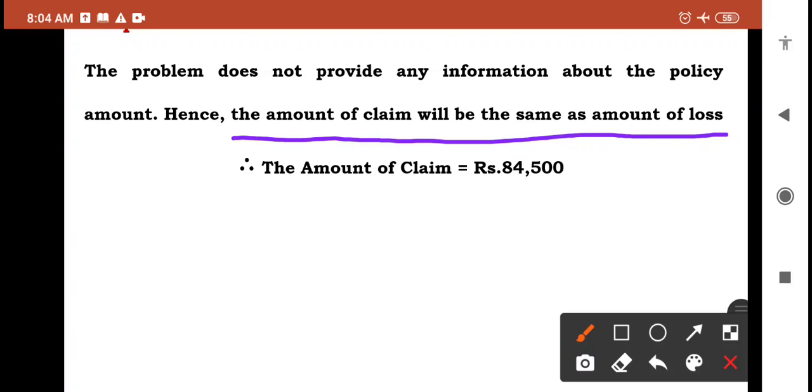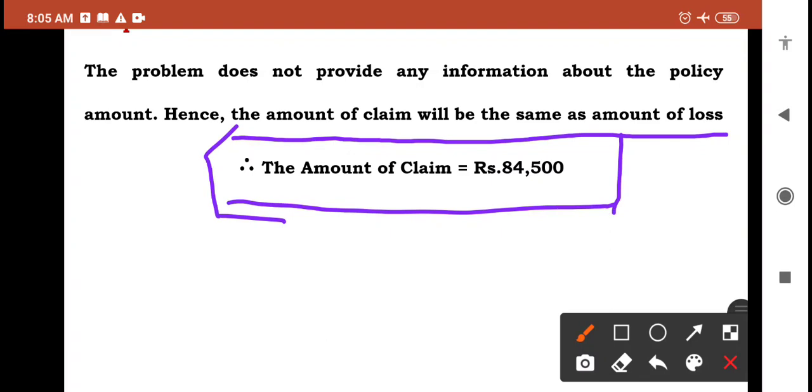In case of over insurance, actual loss of stock will be the claim amount. So therefore the amount of claim will be 84,500. This is how we find the claim amount.